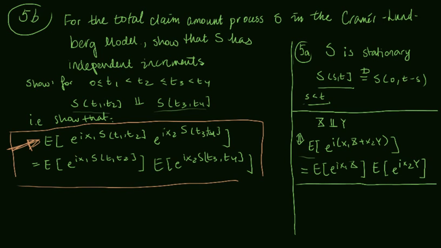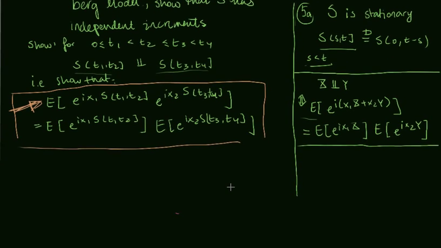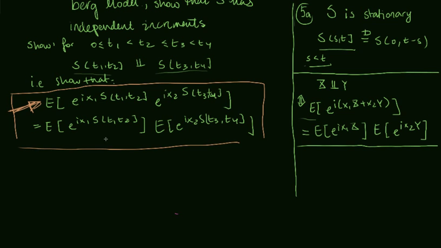And why will this equation not be too hard to show? Well, we've already done a lot of the hard work in 5a, in the sense that we do know what the characteristic function of the increments is given as.